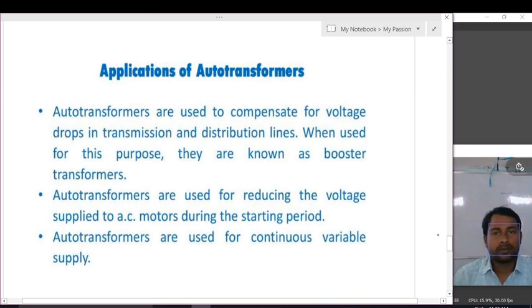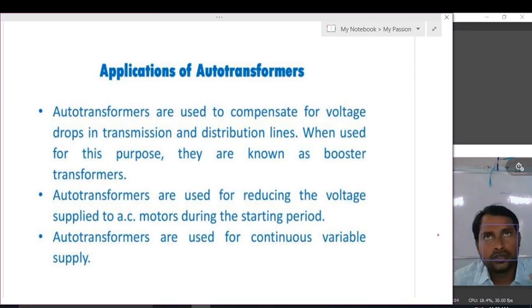And the applications of the auto transformer: generally it is used for voltage boosting purposes, for voltage regulation and voltage controlling purposes, and also to control the speed of motors. Also for starting a three phase induction motor, instead of star delta connections for starting motors, we can use auto transformers.